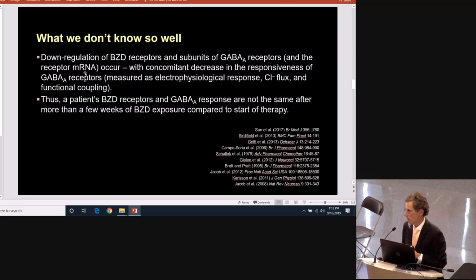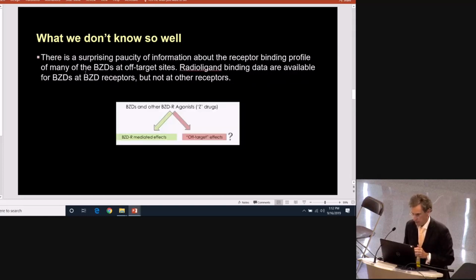Functionally, they're changing as well. This has been proven over and over again by electrophysiological studies, chloride, very precise, sophisticated studies. So there's no question that the patient who's been on benzodiazepines for more than 4 weeks, their body is just not the same as it was when you initiated therapy.